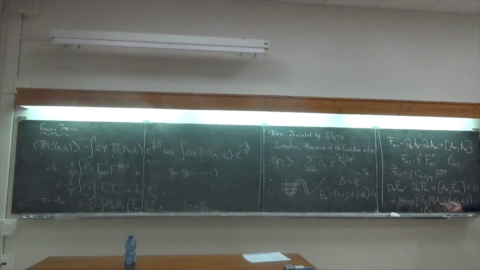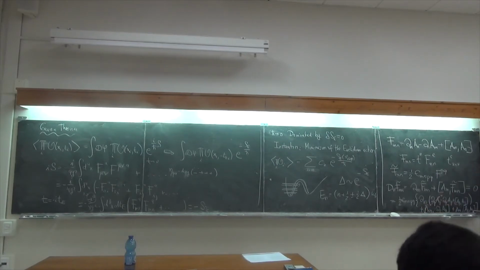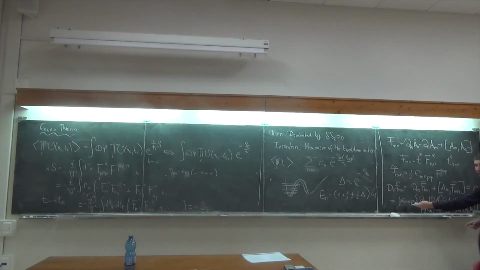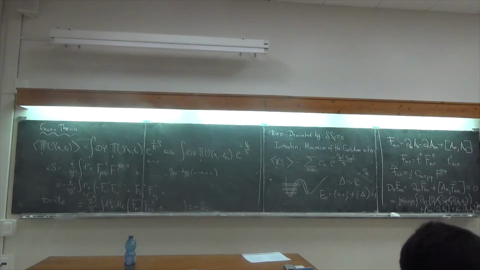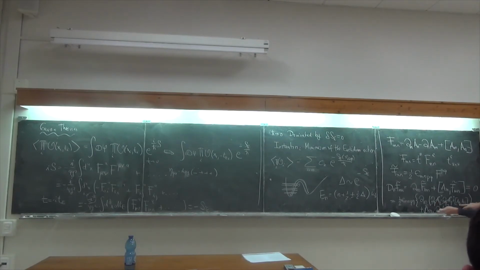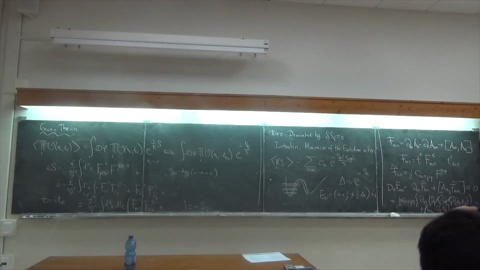For example, look at this term, d_m d_p. This is symmetric with respect to exchange of the two derivatives, but here it is antisymmetric with respect to that. Therefore, this term cancels. The same here. M and Q are symmetric when exchanged, but this is antisymmetric. It cancels. And you can go ahead. For example, you have here this d_p A_m, and you can see that this cancels with one, again using the antisymmetry. Then everything cancels, apart from this last one.